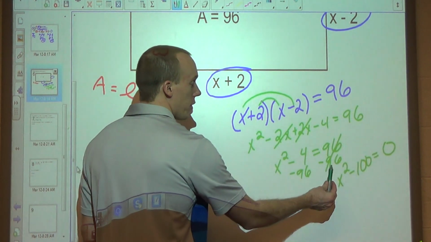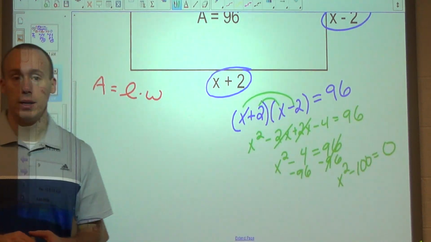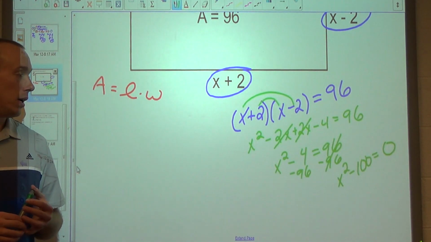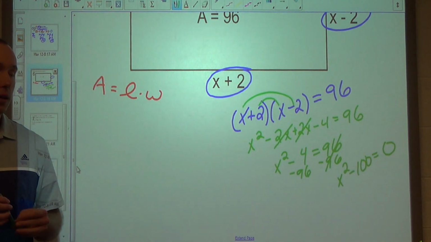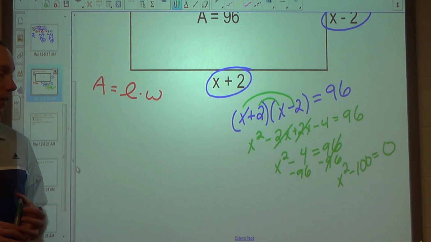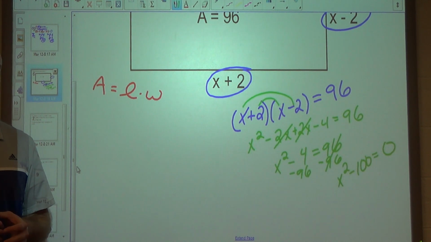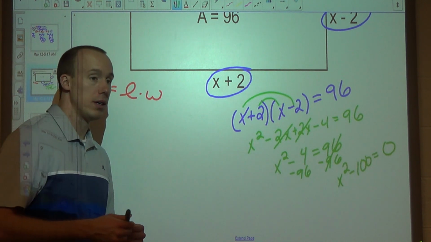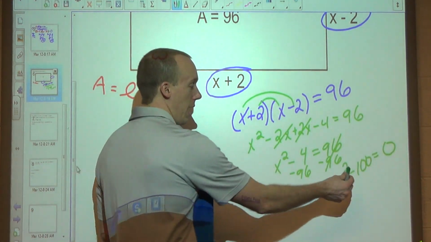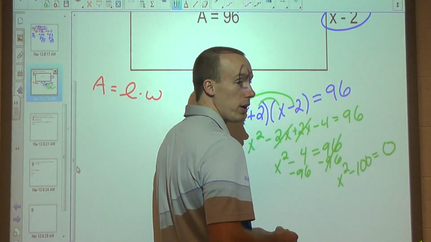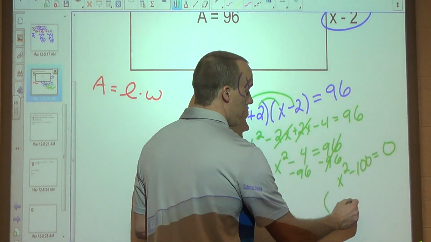First off, how many terms are up here on this one? 2. When there's 2 terms, I either got to determine is there something in common on both of those? Right now, there's nothing in common on both. So then the only thing it could be is a difference of two squares. If you moved it over, you could square root it, yes. So you could add this 100 to the other side and take the square root and you get the answer. I'm going to factor it though.